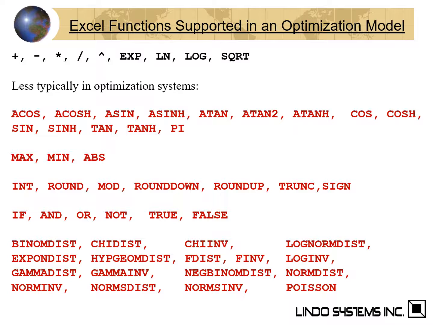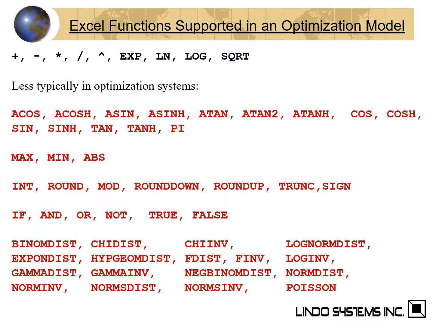In a typical optimization system, they frequently do not support the functions listed in red, which are supported and available in What's Best. So, for example, the trigonometric functions in the next line down, the non-smooth functions, max, min, and absolute value in the next line down, the non-smooth, non-continuous functions like int, round, round down, etc. in the next line down.